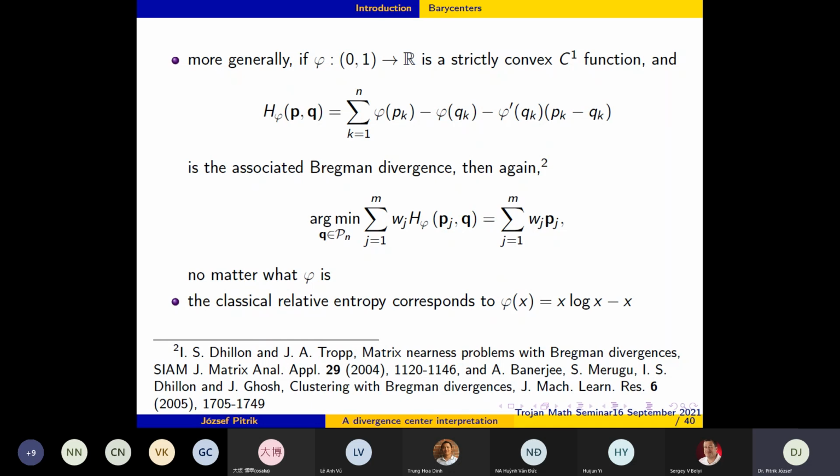And here it's important to remark that the barycenter is independent of the function phi. And it's really a generalization, because the classical relative entropy case that we mentioned above corresponds to the representing function x log x minus x.